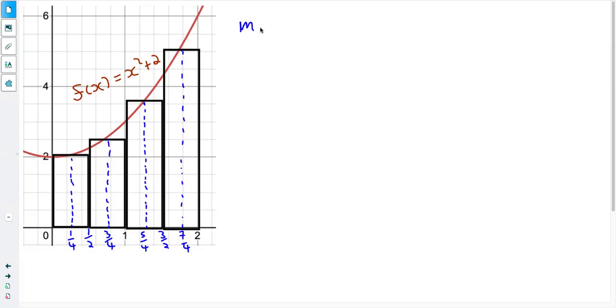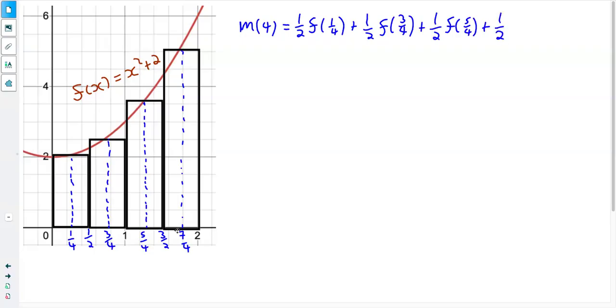So I've got M of 4 is 1/2 times F at 1/4 plus 1/2 times F at 3/4 plus 1/2 times F at 5/4 plus 1/2 times F at 7/4.